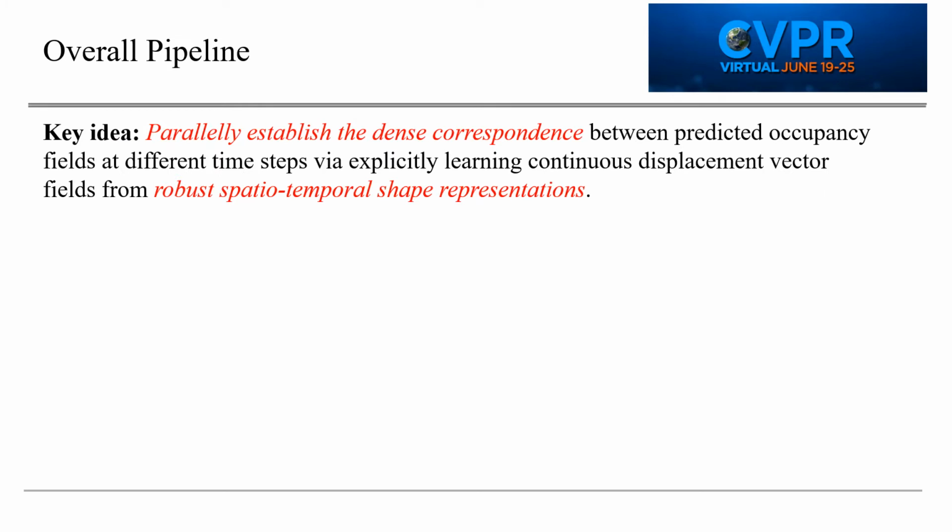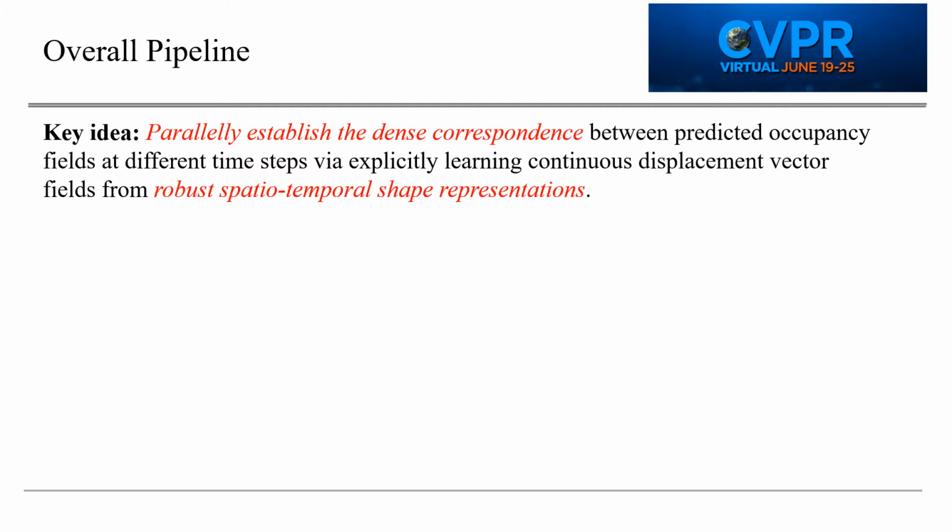To overcome these limitations, our key idea is to parallelly establish the dense correspondence between predicted occupancy fields at different time steps by learning displaced vector fields from robust spatio-temporal shape representations.